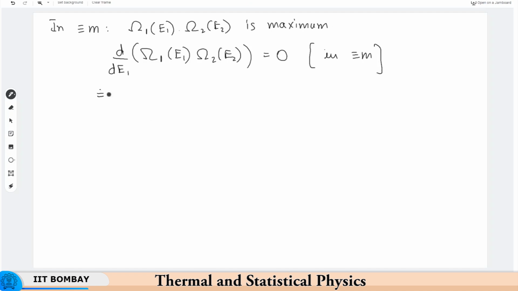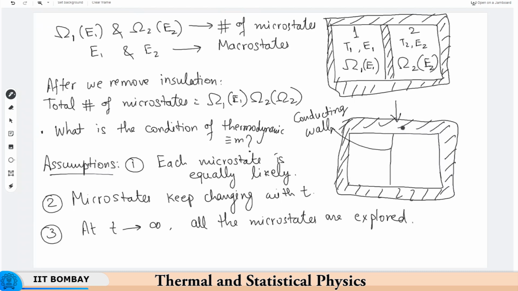All right. So, if we simplify this, we can check that this is omega 2 d omega 1 by dE1 plus omega 1 times d omega 2 by dE2 times dE2 divided by dE1, and this is equal to 0. All right. And remember, both these systems together also remain insulated, right.